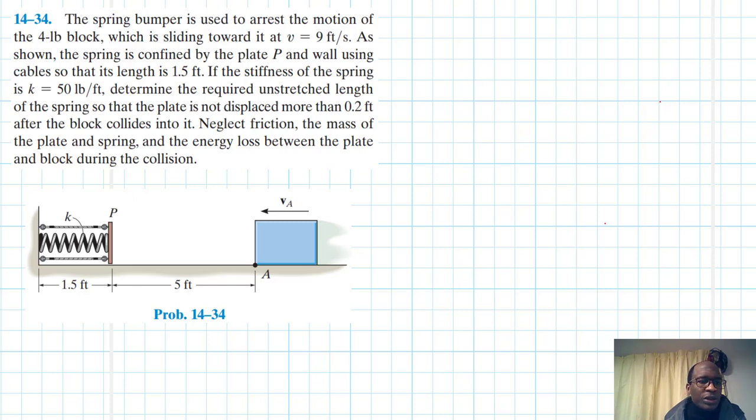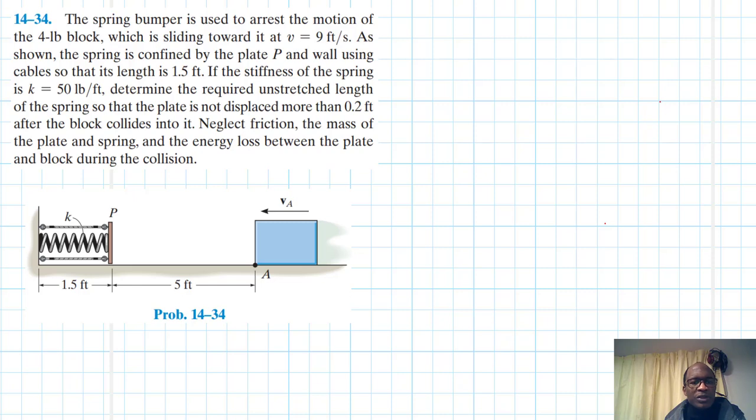The problem reads that the spring bumper is used to arrest the motion of a 4 pounds block which is sliding towards it at the speed of 9 feet per second. As shown, the spring is confined by the plate P and a wall using cable so that its length is 1.5 feet.